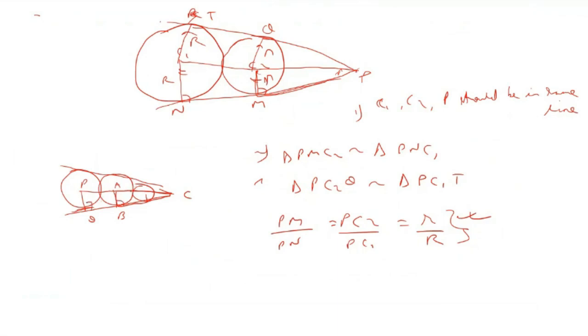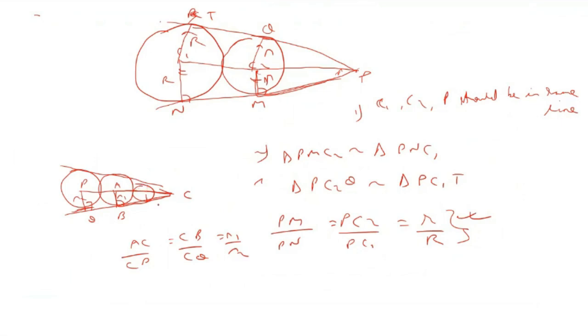So in these two triangles, AC by CP will be equal to CB by CQ will be equal to, this is R1, let's say, this is R2, so R1 by R2. Same thing you can do for these two triangles, the circles as well, and you should be good to go.